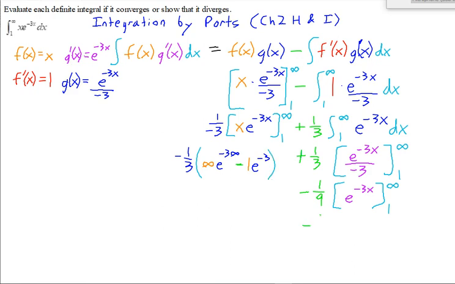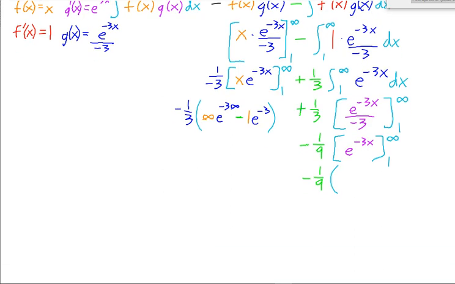And then minus 1/9 on this one. Substitute infinity, so e to the negative 3 times infinity, minus, when you substitute 1, it's just e to the negative 3.